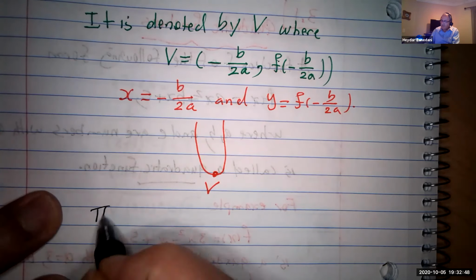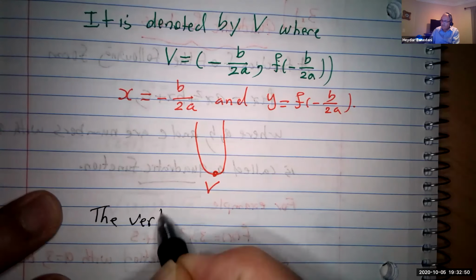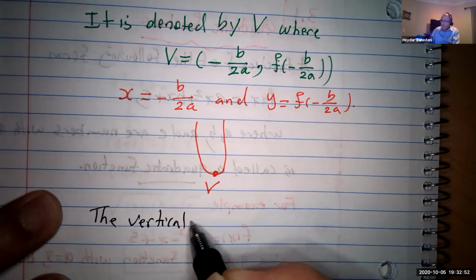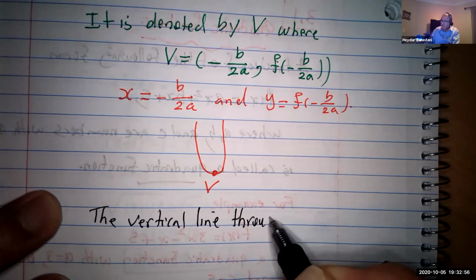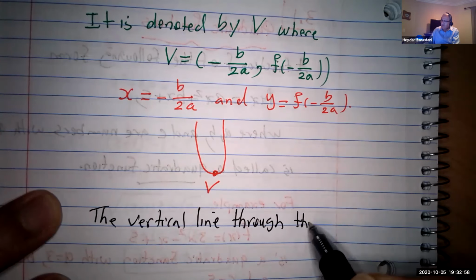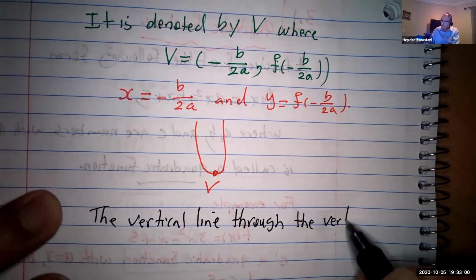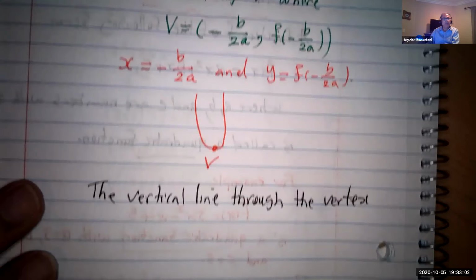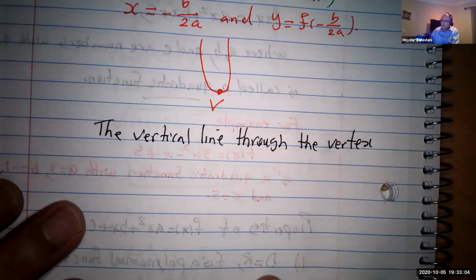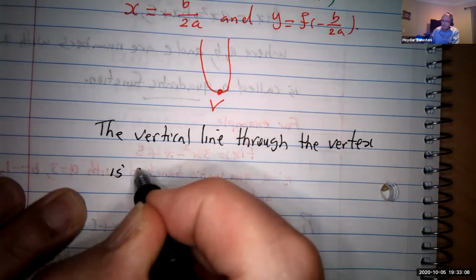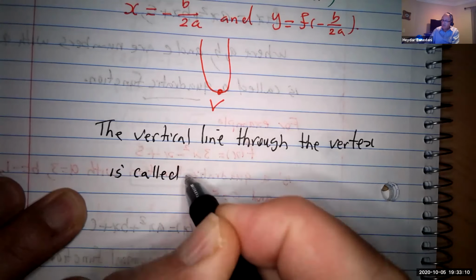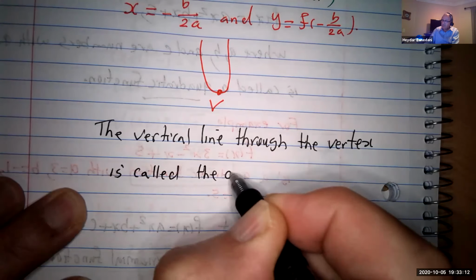Okay, so the vertical line through the vertex divides the graph into two parts. The vertical line through the vertex is called the axis of symmetry.